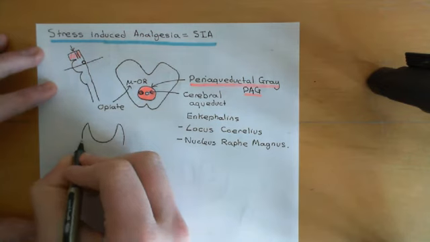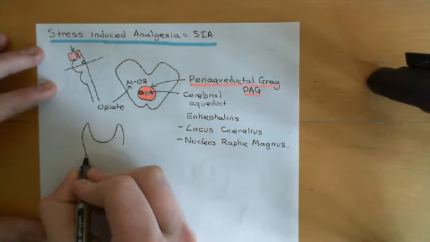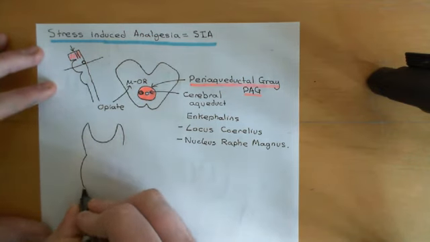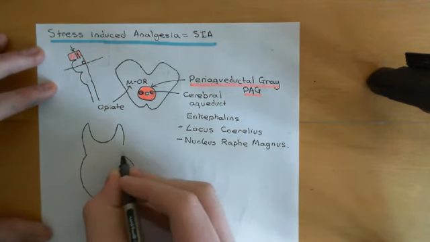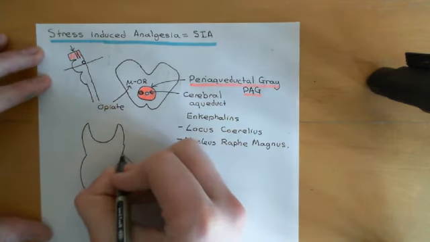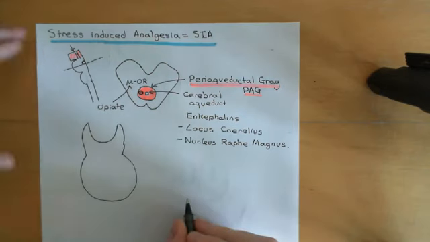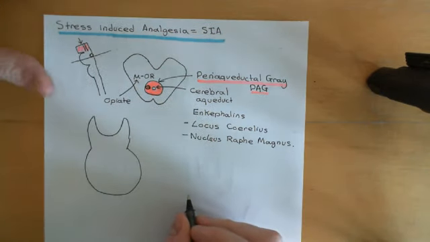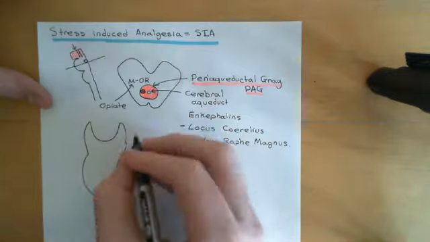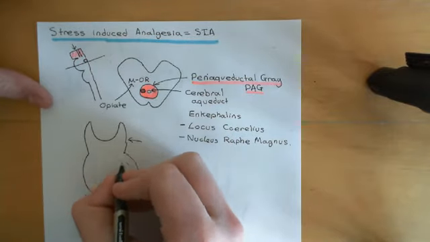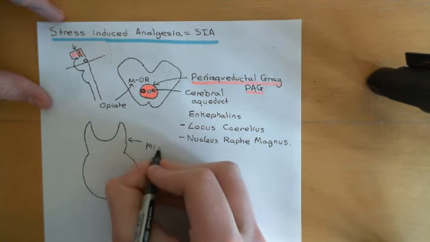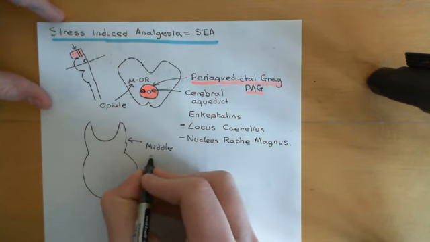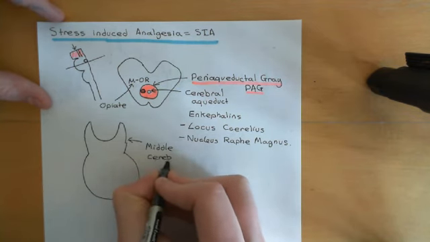You have these extensions towards the back like so, which are known as the middle cerebellar peduncles, which I didn't show on this diagram, but which are most definitely there. These are connections from the pons to the cerebellum, which will be sitting behind. So these are fibers going from the pons into the cerebellum. These are the middle cerebellar peduncles here.